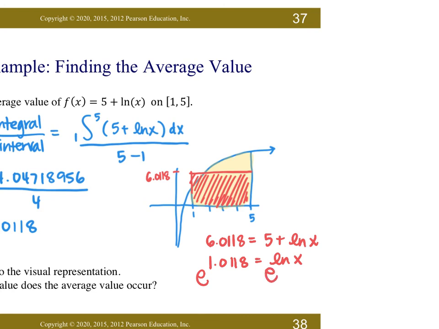And what that does is it cancels out the e and the ln to give me x by itself. And then my calculator would tell me what e to that value is. And I get 2.7505. And that's the x value where this is intersecting here.